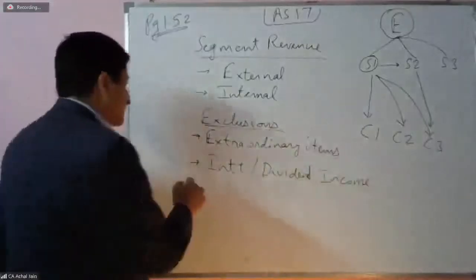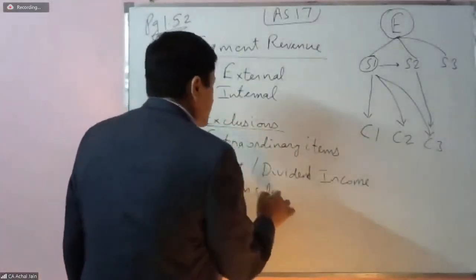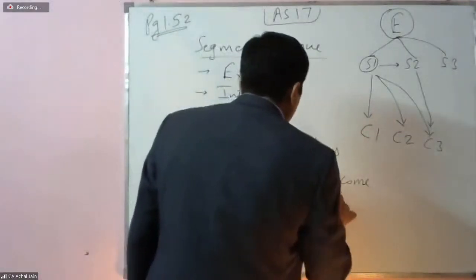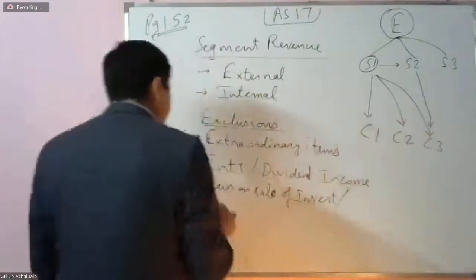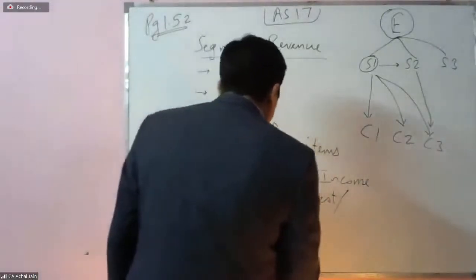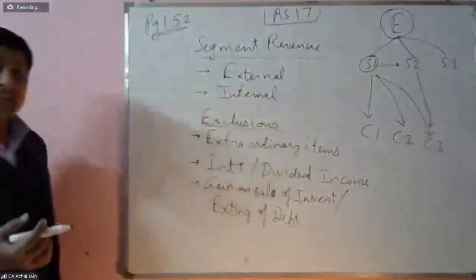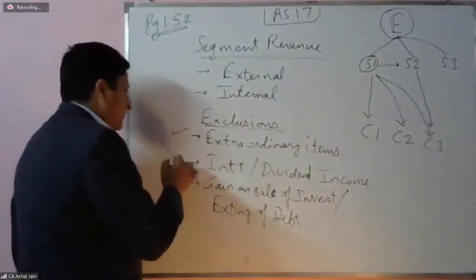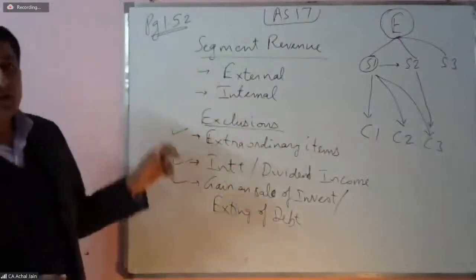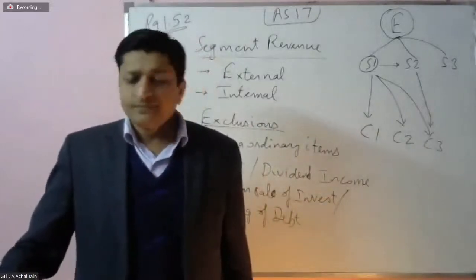And third, gain on sale of investment or extinguishment of debt. If there is any income in the nature of these three, this will not get covered under the segment revenue.